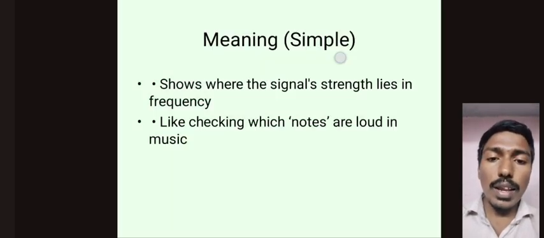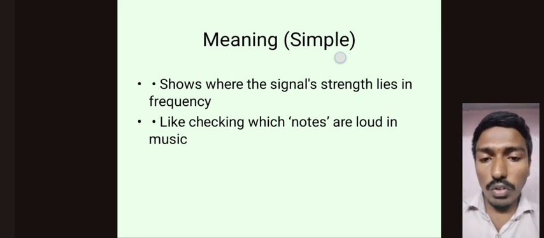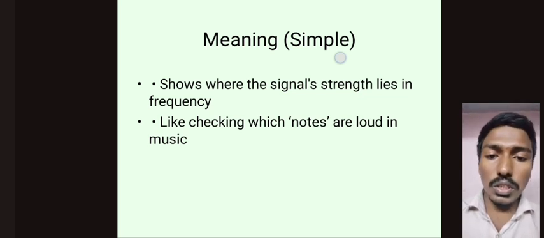So you will never forget that. It shows the signal strength that lies in each frequency. So the frequency strength in the signal is the PSD. It's like checking which notes are loud in the music. If you observe music notes, the frequencies increase and decrease.